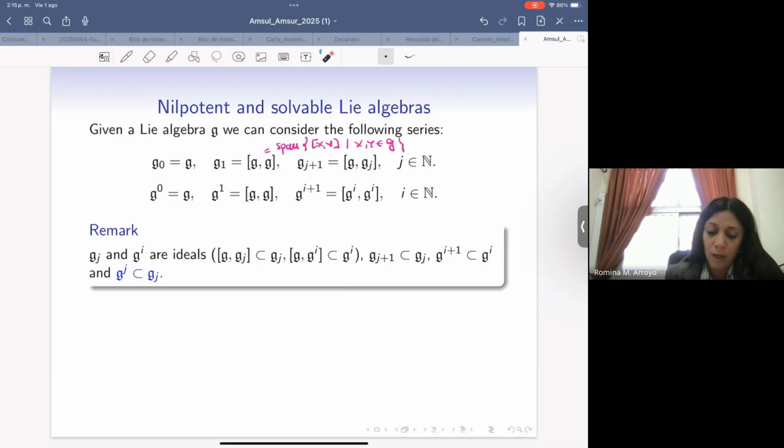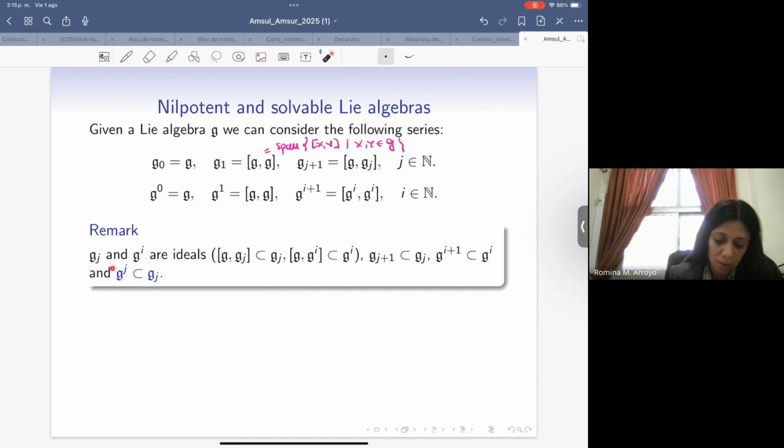It is well known that all these subspaces of G are ideals, and there are some relationships between elements of this series, and we also have some relation between ideals in this other series.